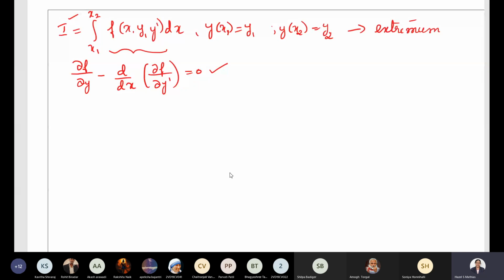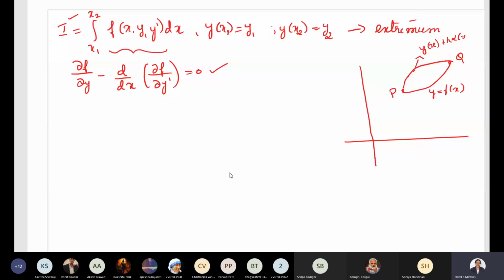So now we shall prove this. Consider this figure and you have a curve. I consider a curve, say y equal to f of x. Initial point is P, end point is Q. Then I consider one more curve, a neighborhood of the previous curve, with equation y of x plus h times alpha of x, a slight variation in the previous one.